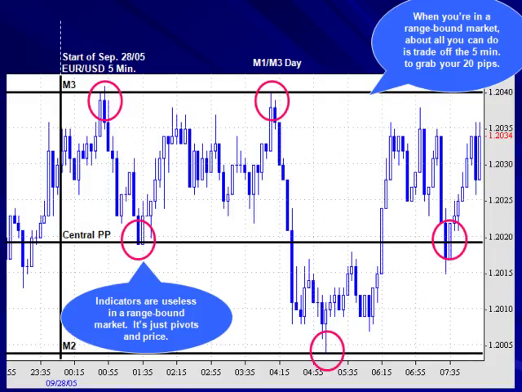A different kind of example here. Pound dollar 15-minute chart. Midnight past. The close 1.9832. The open 24 hours earlier 1.9946. Meaning that this particular day for the pound had an expected low of M1 because the close at midnight was less than the open 24 hours earlier.